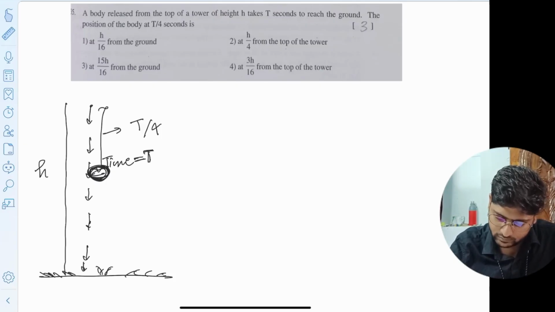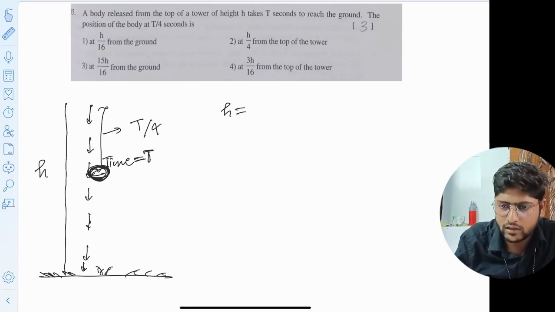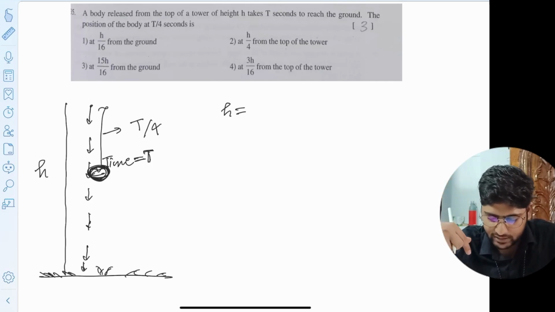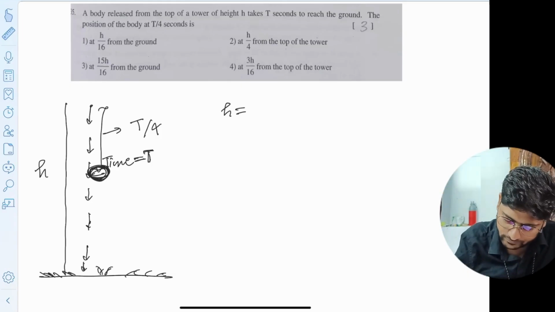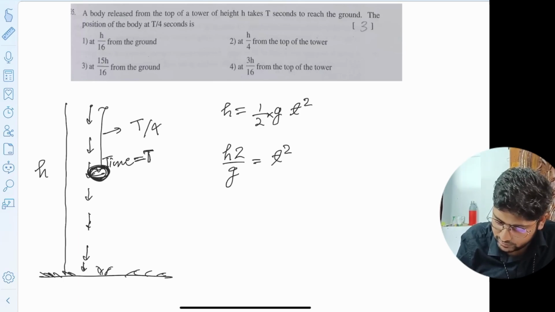We can say height h equals s equals ut plus half at square. So h equals ut plus half gt square, where g is the gravity. With initial velocity u equal to 0, h equals half g t square. So 2h by g equals t square.